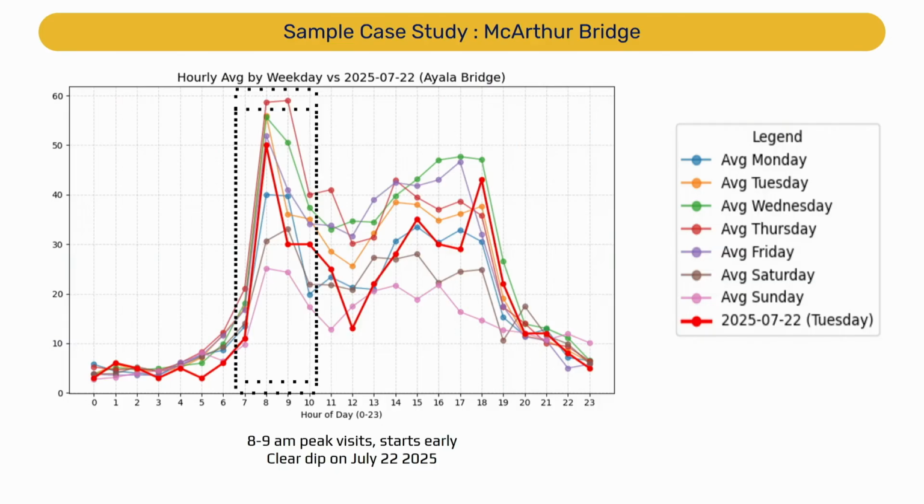This is the time. Usually more people are in the bridge at around 8 to 10, but in the flooding hours, you can see there's a big drop here. It means because it's flooded, because there's a typhoon, they're not in the bridge.